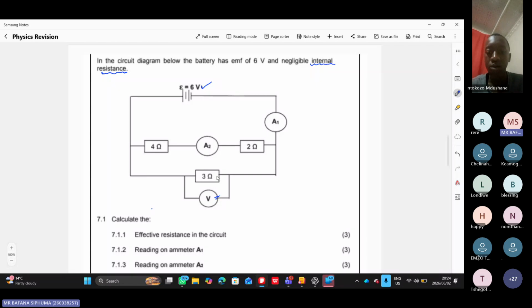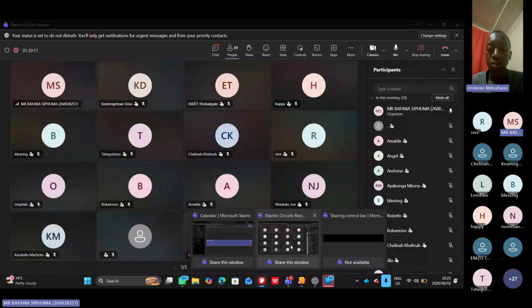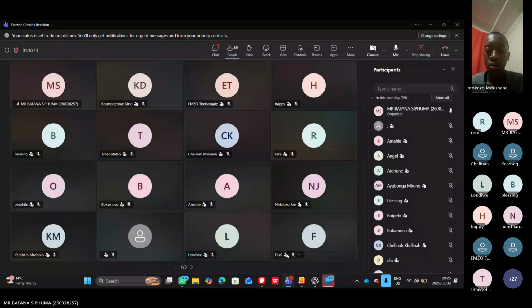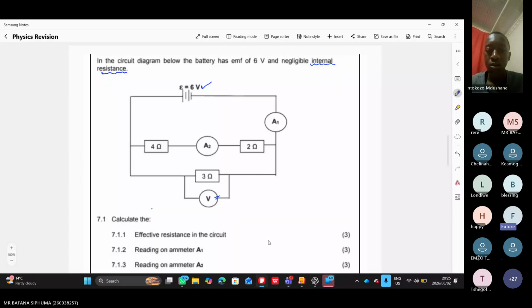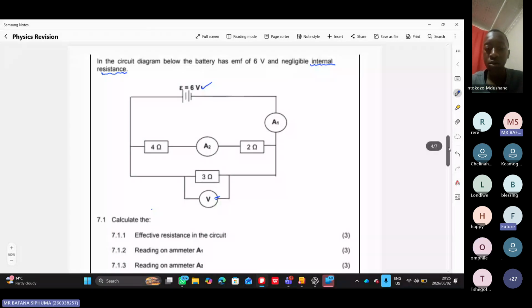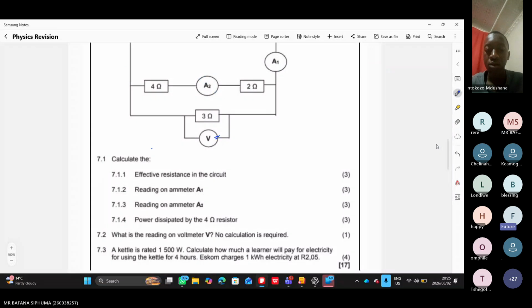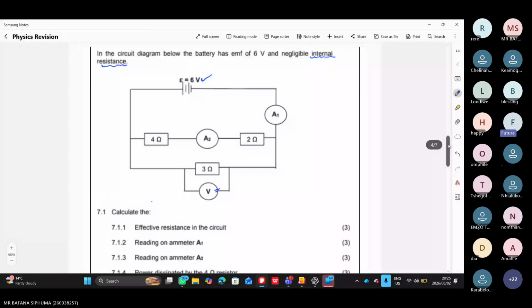Excuse me, sir. I'm going to ask a question on that question that asks for power. Okay, go ahead. We substituted the voltage as 6 and the current as 1, sir.